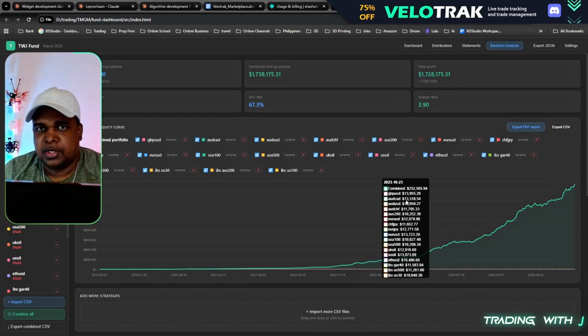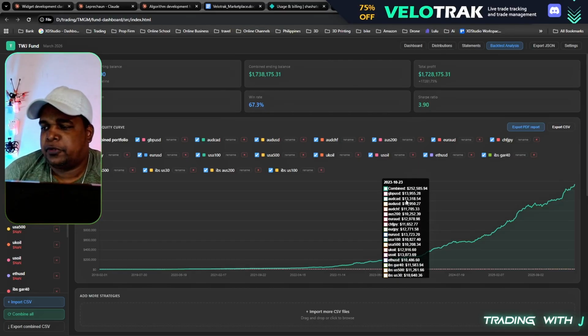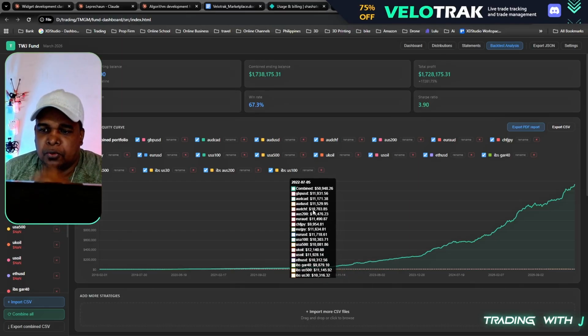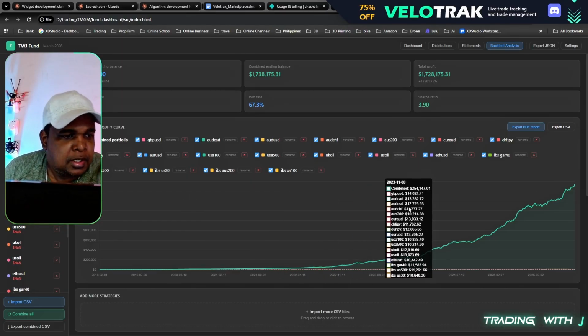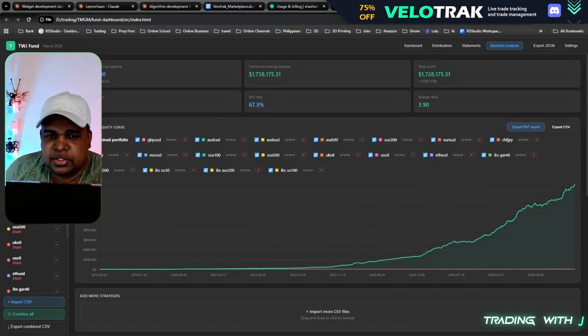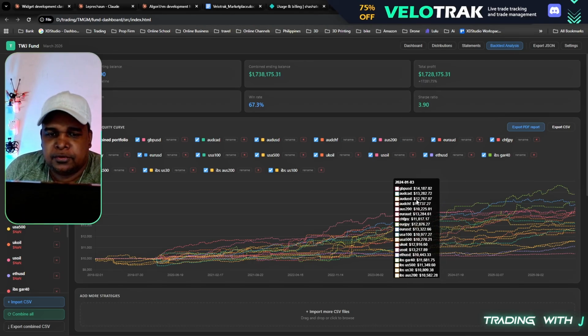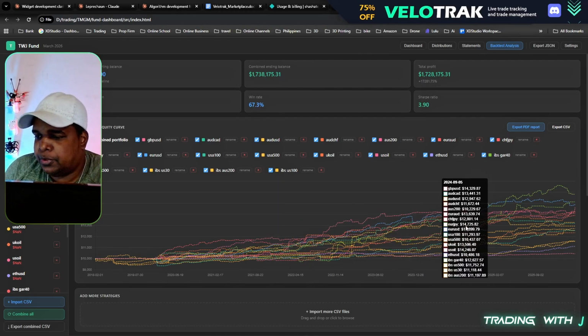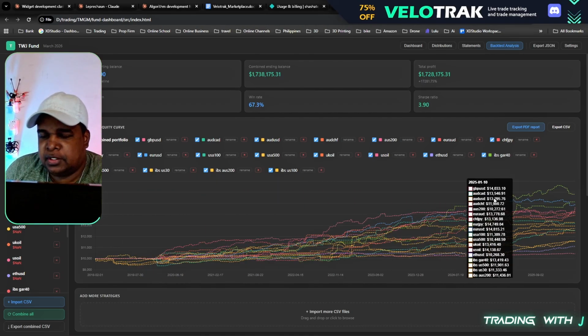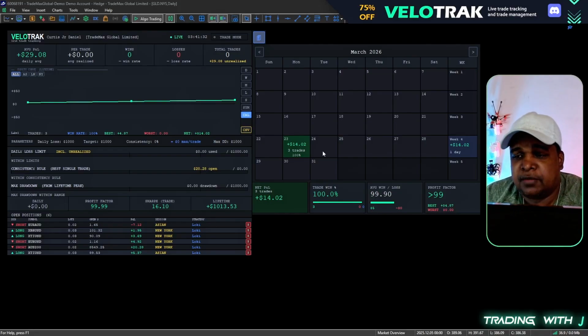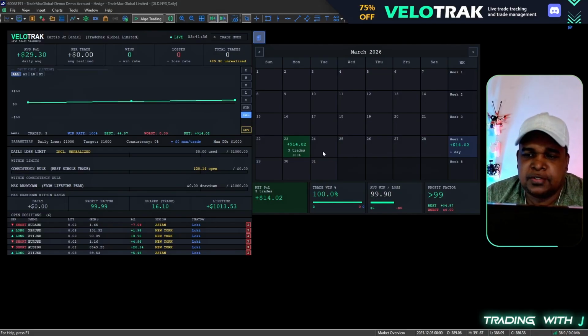Then the next trade looks at the percentage that it made based on the balance, and it does the same thing, right? So this is the combination of all the strategies. If I turn off the combined portfolio, you could see each one of these individually. Yeah, so there you have it. That is why I decided to work with those symbols, those strategies.